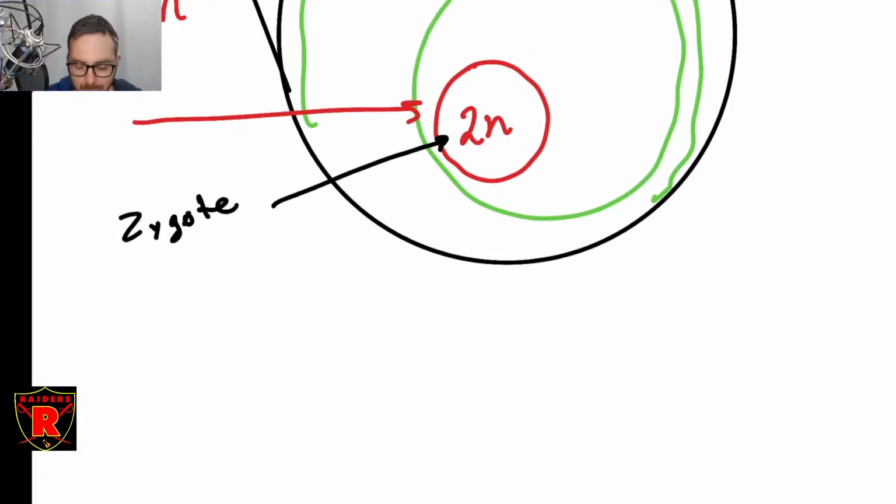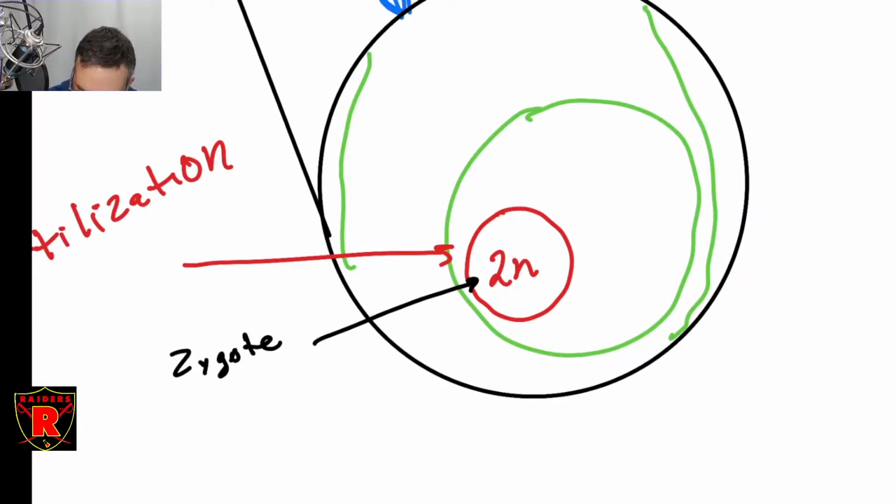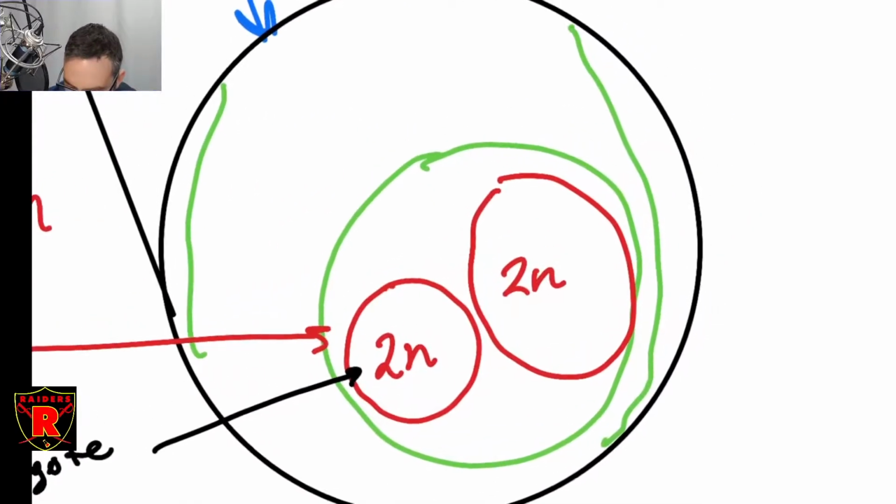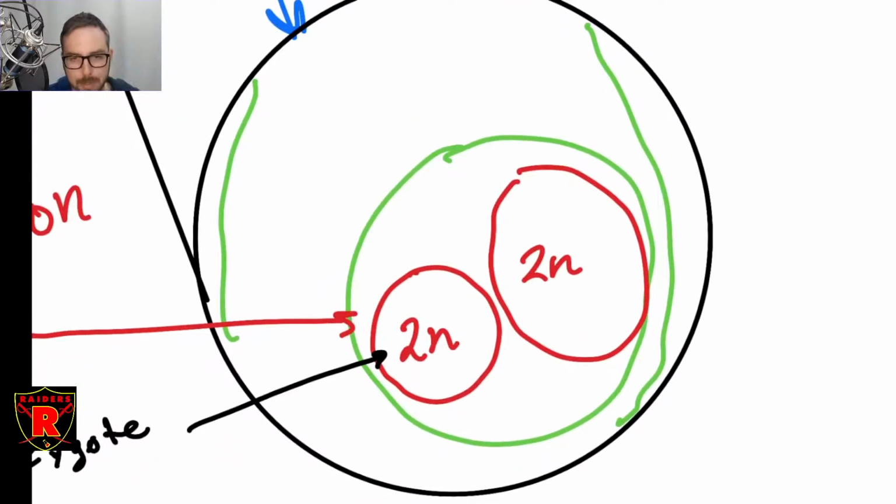There we go. And then the second one does another 2N over here. But this is not going to become a plant. The second part here is actually going to become the endosperm. This is true, by the way, for angiosperms. And so this double fertilization, this second fertilization, is only for gymnosperms and angiosperms, but not for pteridophytes and bryophytes.